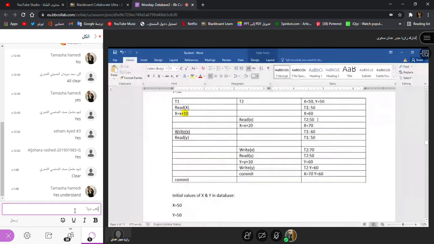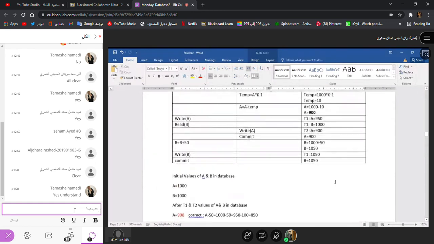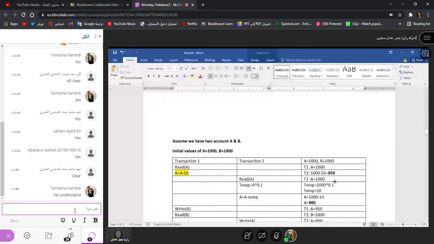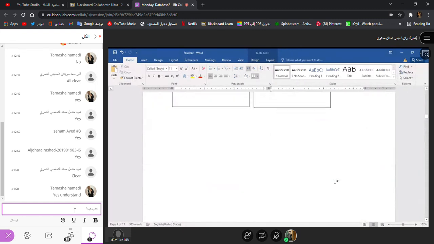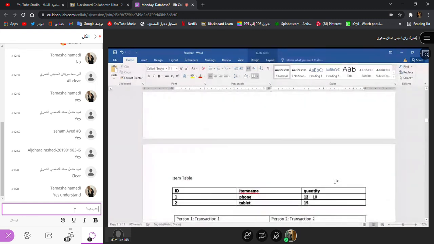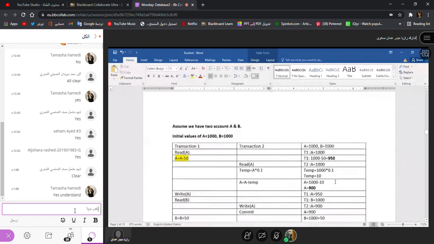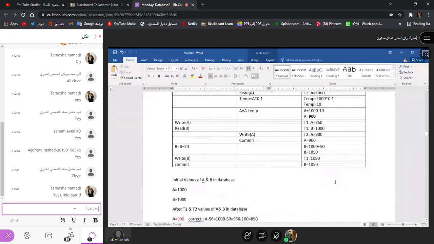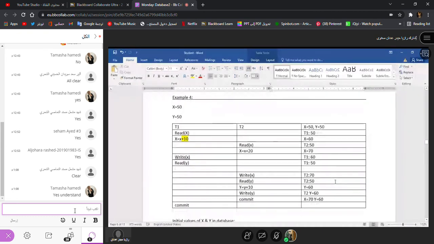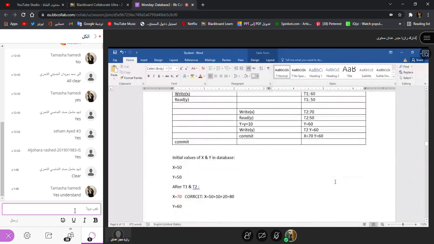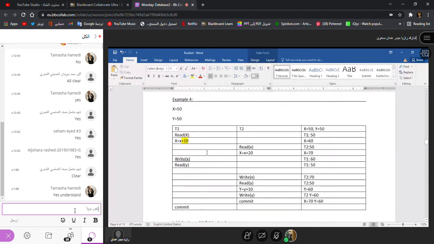And then lost update. This one I think is lost update.